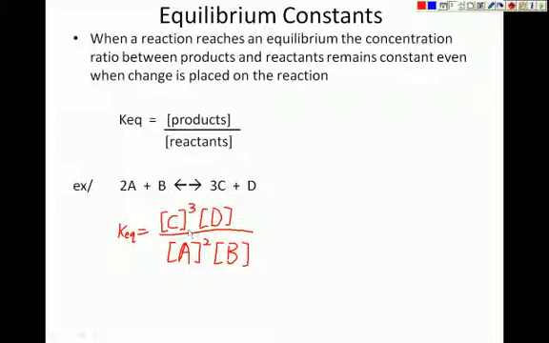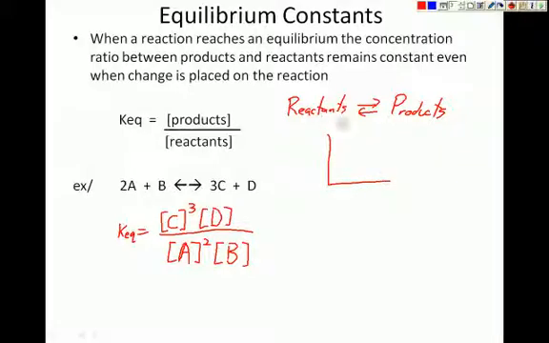Okay, so again, even if the concentration of the reactants is changing and the concentration of products is changing, they'll change proportionally, so Keq always equals the same. So let's say we have a lot simpler reaction of just reactants make products, and they have formed an equilibrium.